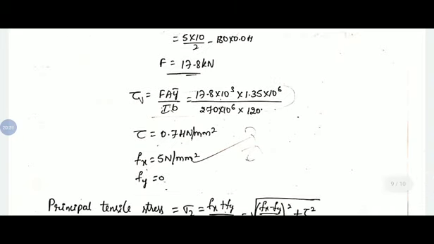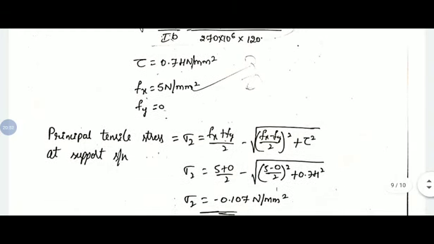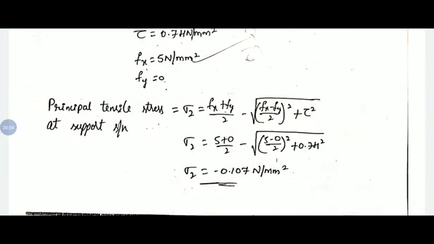Fx we have calculated earlier with pre-stressing force, and we will be having 5 Newton per mm square at support. On substituting all the values, we will get 0.107 Newton per mm square.